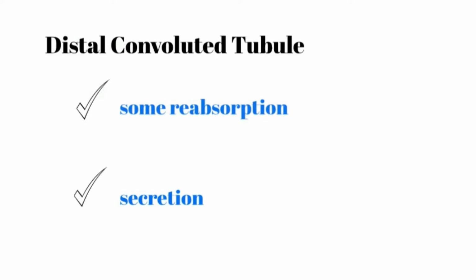I know in previous lectures I've talked about primarily reabsorption at the proximal convoluted tubule, primarily secretion at the distal convoluted tubule, and I will still hold to that, but things can be reabsorbed in the distal convoluted tubule. But once again, we do see a bunch of hydrogen ions secreted into the distal convoluted tubule in an attempt to maintain pH homeostasis, as well as some other ions that can be secreted in the distal convoluted tubule.